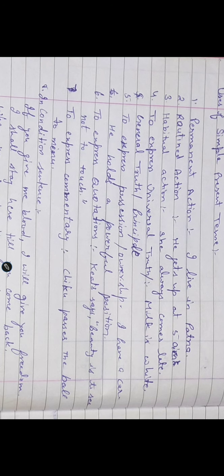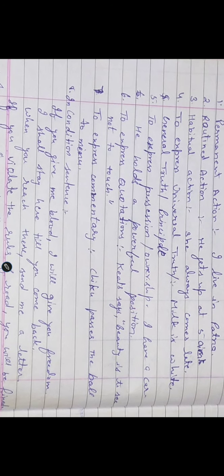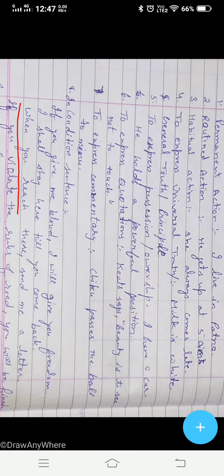Then, the last few sentences we have left. When you reach, here is also simple present tense. They send me a letter. It means यहाँ पे हमने verb की first form use की, तो second में भी हमने verb की first form use की है.